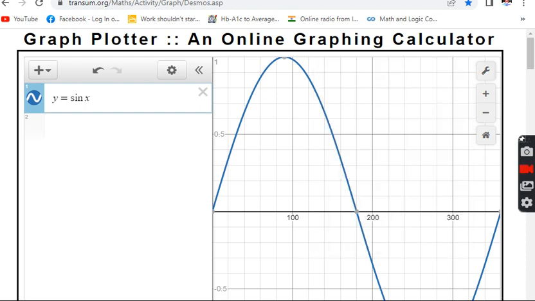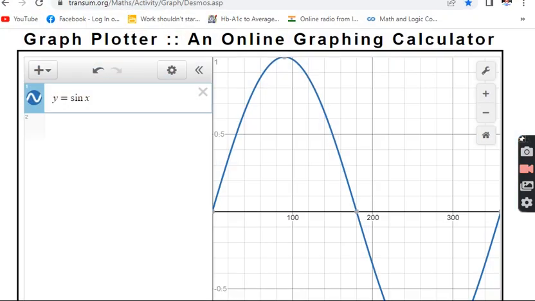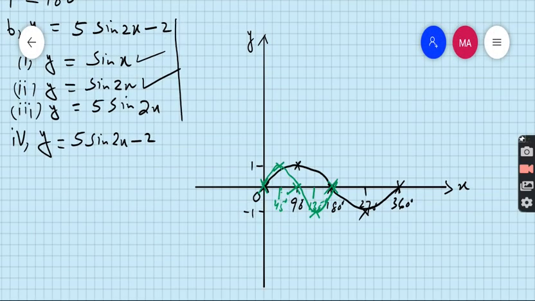This is our first graph. You can see the black graph starts from 0 and goes to 360 degree.